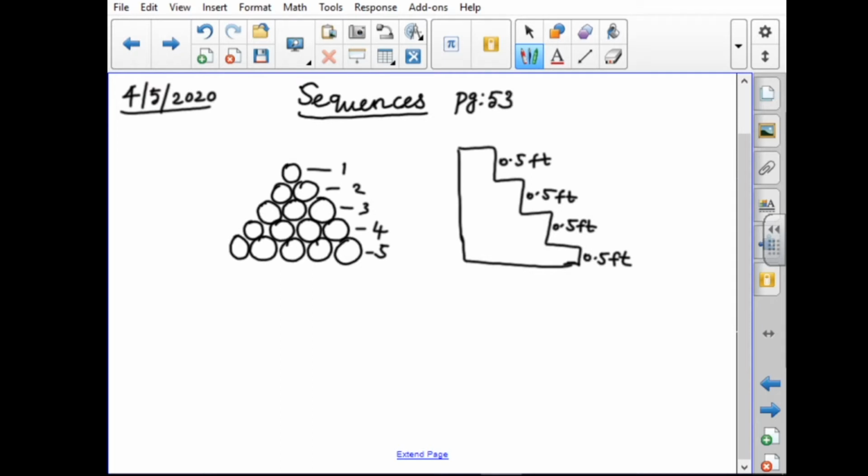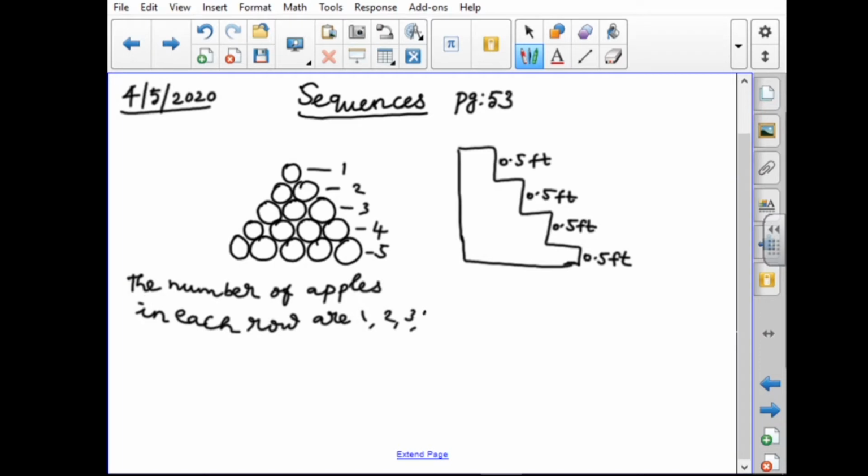Therefore, the number of apples in each row are 1, 2, 3, 4, 5, etc. Like that. See the next one.